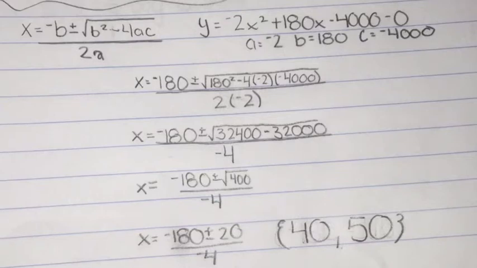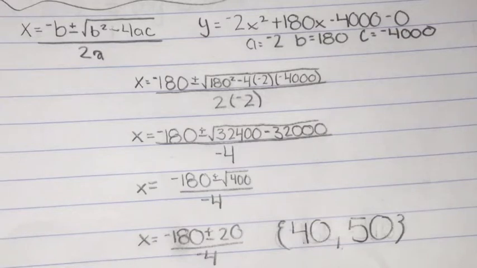To be able to plug that equation into the quadratic formula, I needed to take out a, b, and c. They equal: a equals negative 2, b equals 180, c equals negative 4,000.